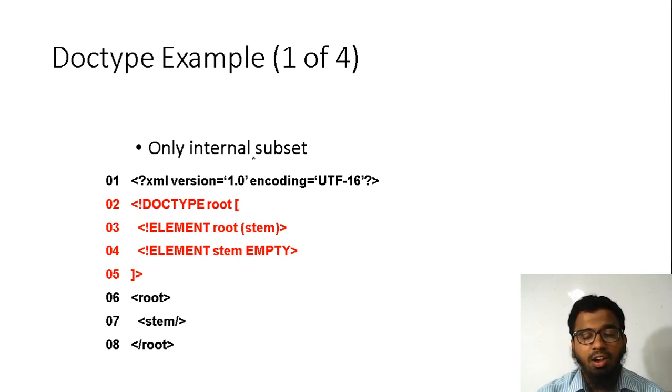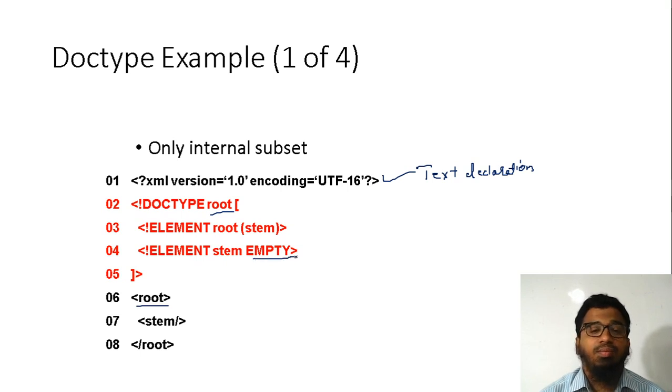here only the internal subset. How to write the internal subset DTD in the document? So this is the text declaration. Okay, this is the text declaration, and here exclamation mark DOCTYPE root, which means we are giving to this root element root system, and element system is empty.